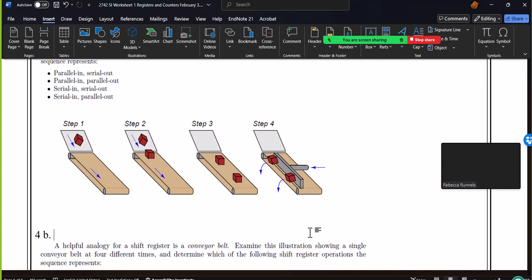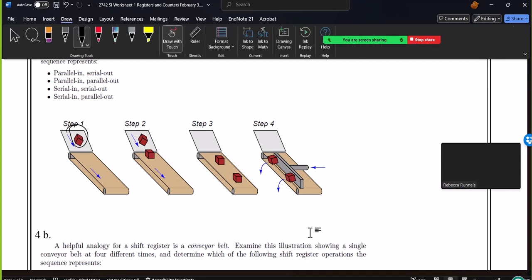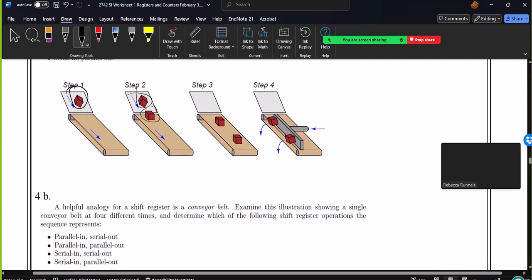So step 1 and step 2 are showing it entering, and step 4 is showing it out. So is this serial in or parallel in? Serial. It's serial in because I'm adding them in one at a time. But what is it out? Parallel out. Serial in and parallel out. They both go out the same, because they both go out at the same time.